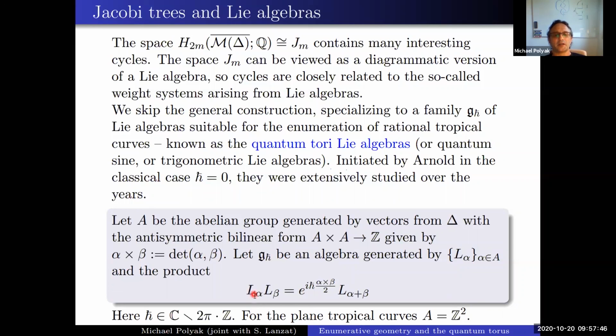And then you define the multiplication in this way. Up to a certain multiple, this is just the addition of these two vectors. And the multiple here is what makes it non-commutative. So this h bar is the quantum parameter. And for plane tropical curves, this is the standard lattice Z squared, and this is the well-known standard quantum torus.